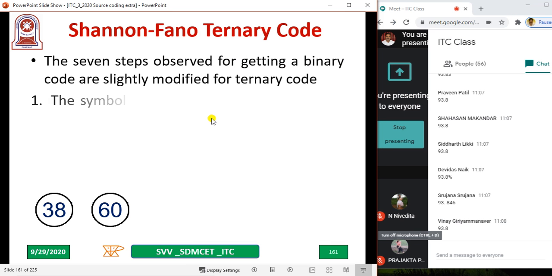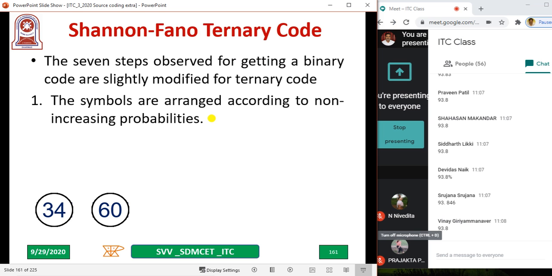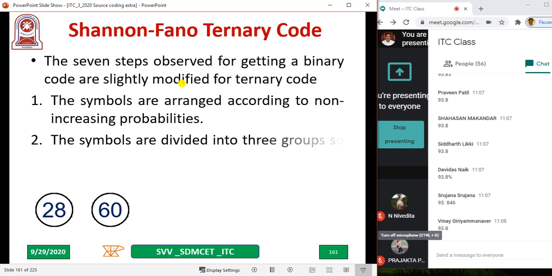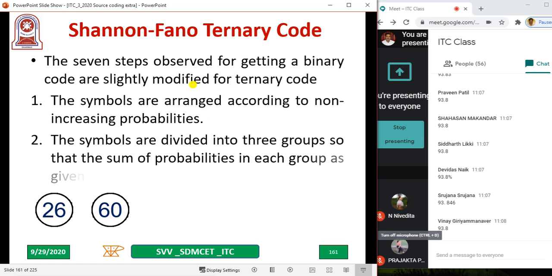Step 1: the symbols are arranged according to non-increasing probabilities. It's nothing but decreasing. Step 2: the symbols are divided into 3 groups instead of 2 groups, so that the sum of probabilities in each group is approximately equal.